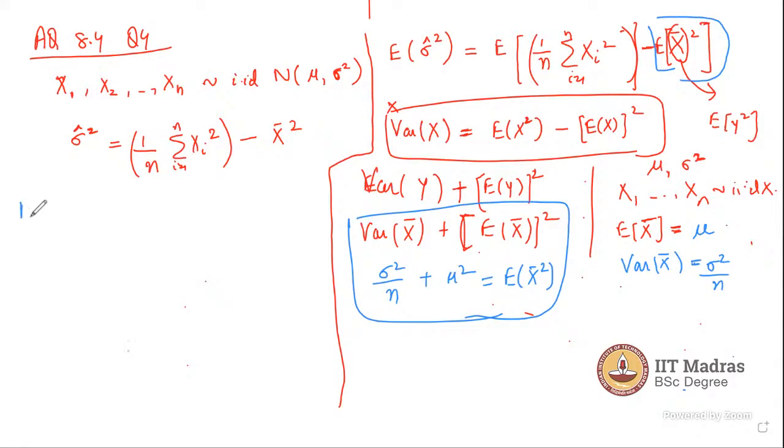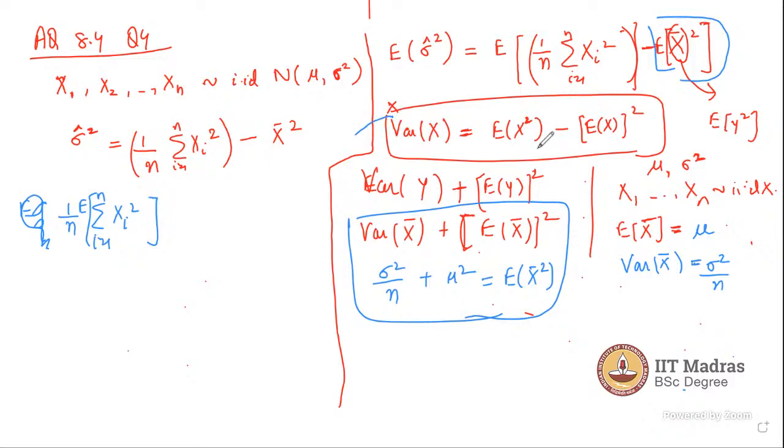So now we have to find the expectation of 1 upon n sum over xi square, i varying from 1 to n. So 1 by n we can pull outside, and we'll have 1 by n expectation of sum over xi square. Again, the same thing that we have done here, as variance of x can be written as expectation of x square minus expectation of x whole square.